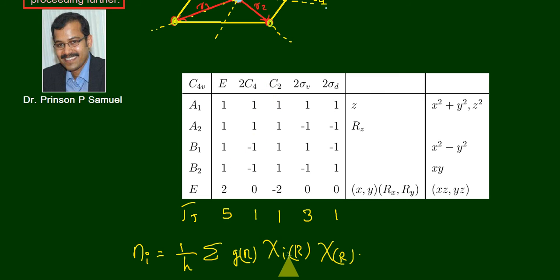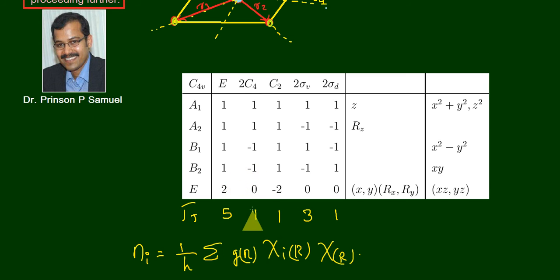Chi IR is the character corresponding to any operation R in the ith irreducible representation. For example, if you are considering the first irreducible representation A1, corresponding to E, the character is 1. But if you are taking B2 as the irreducible representation, corresponding to C4, the character is -1. Now you know chi IR also.